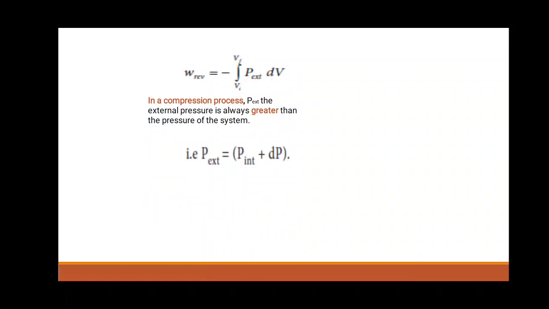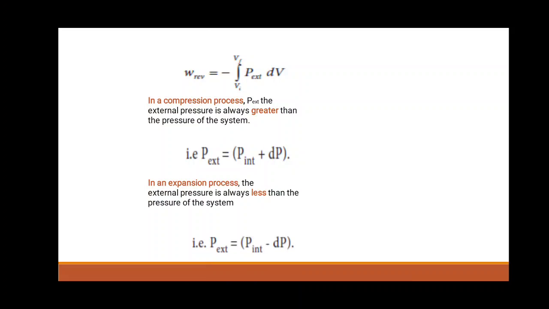So how can you write it? External pressure equal to internal pressure added with the change in pressure. In an expansion process, the piston is coming up. So external pressure is always less than pressure of the system. So external pressure equal to internal pressure minus change in pressure. This derivation comes under 5 marks.